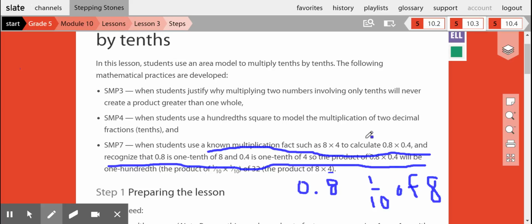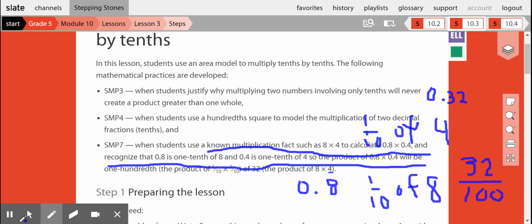If we wanted to, we could keep the 1/10ths together, multiply those parts, and multiply the whole numbers that we're more familiar with. 4 times 8 is 32. 1/10 times 1/10 is 1/100th. So 32 times 1/100th is 32 hundredths. You can see how that's written as a fraction, or we can write it out like this: 32 hundredths.